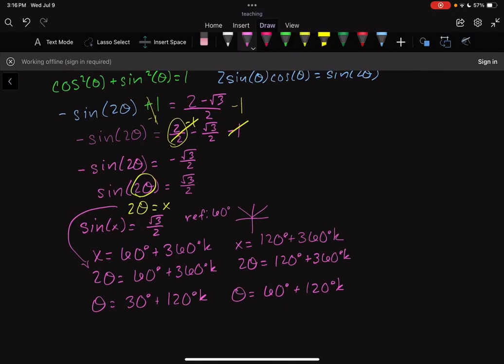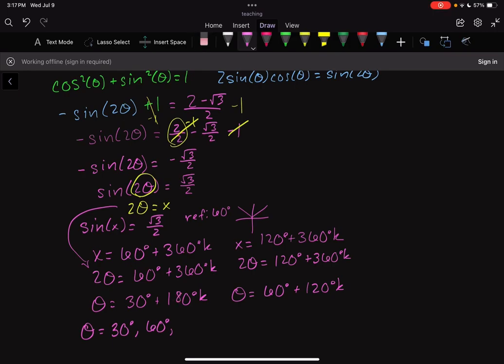We have to be careful here because we only wanted values of theta between 0 and 360, so I'm going to write those out. So 30 degrees works, 60 degrees works. Let's see, 30 plus 180 gives me 210. Oh, I made a mistake here.